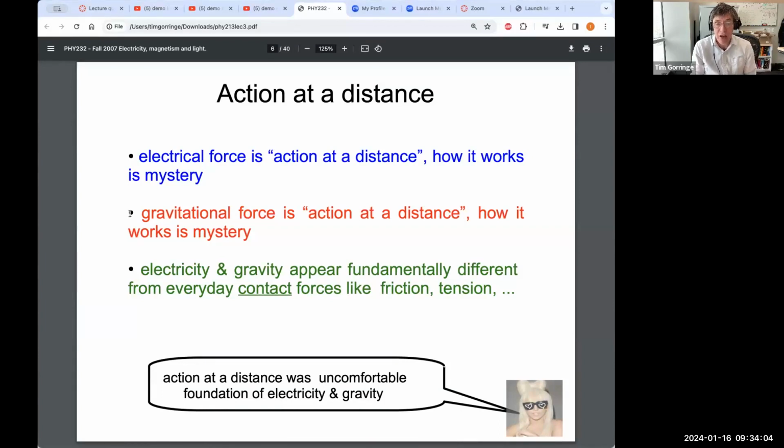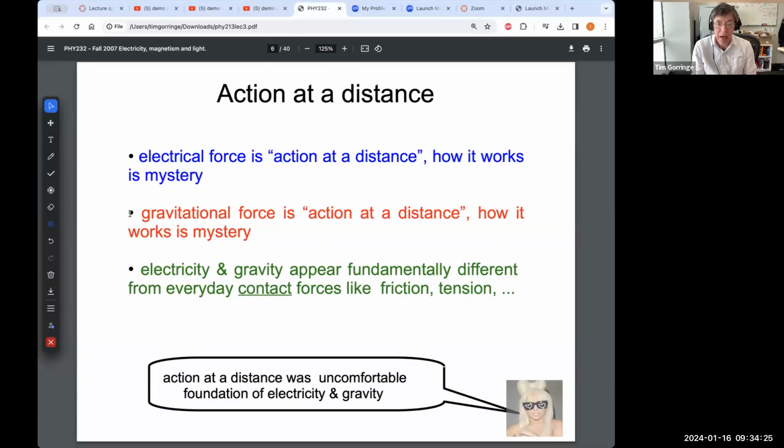One charge will exert a force on another charge when those two charges are physically separated from one another. And at present, it's a complete mystery how that works.